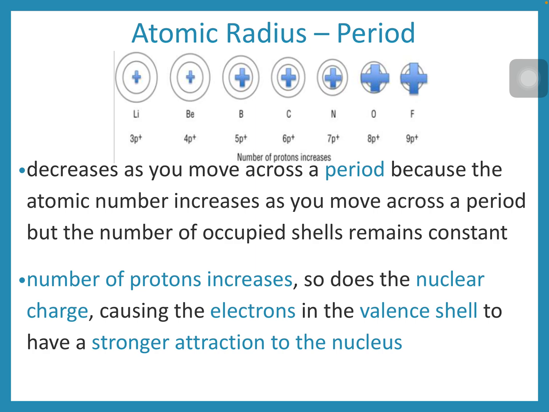So as we increase the protons, the nuclear charge, or that force of attraction between the protons and the electrons, also increases. And as we have that stronger attraction, those electrons are pulled in more tightly, or closer to the nucleus. And so that's the reason that even though we are adding protons and electrons as we move across a row or across a period, the size of the atom is actually going to decrease, or get smaller.